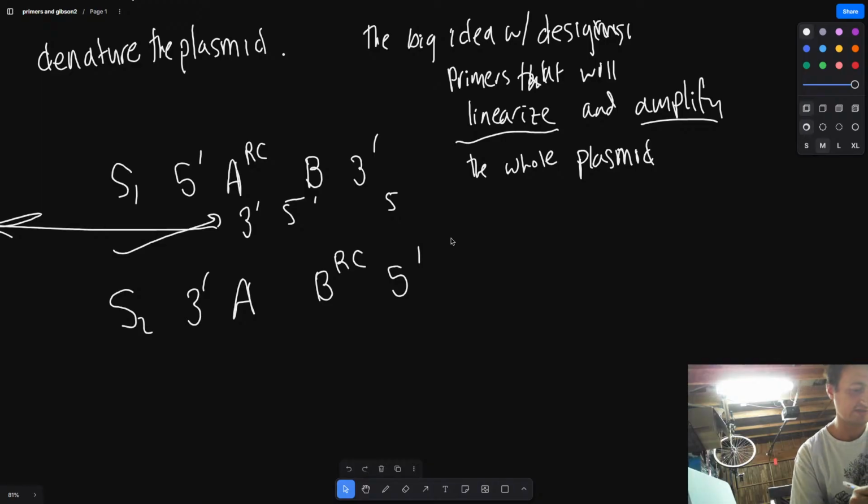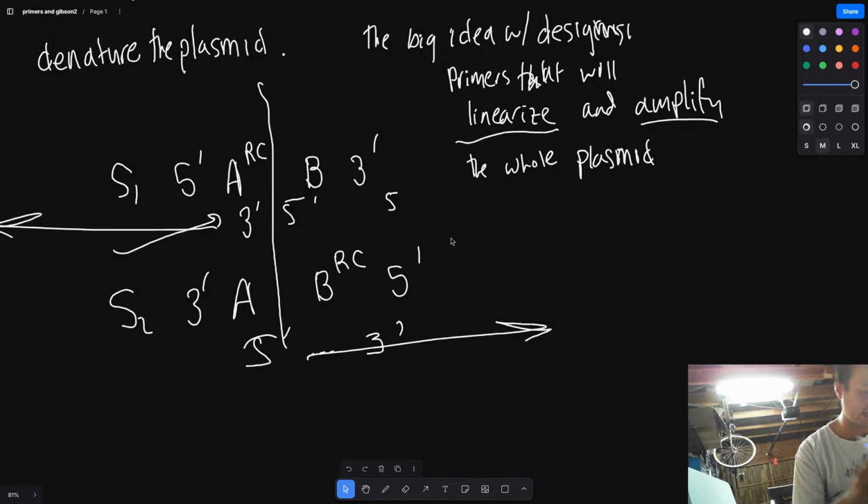And similarly down here, if something binds to strand 2, then the 5 prime is going to be on the left, and then 3 prime. So elongation is going to happen this way. Okay, so what do we want to do? We want to have the break at X, but we want to make sure that we're copying the whole thing.